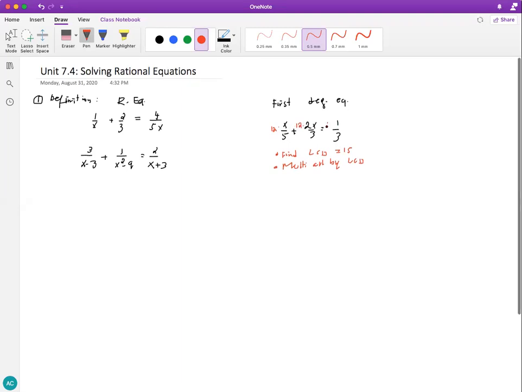Each one of these fractions will all be multiplied by that. Now that we put the LCD next to each one, what happens next? We're not multiplying yet. Instead, what do you want to do? You want to get rid of these fractions. So how do you do that?